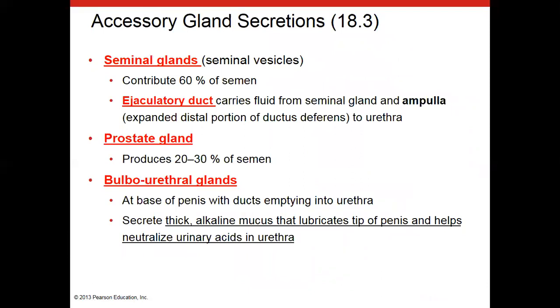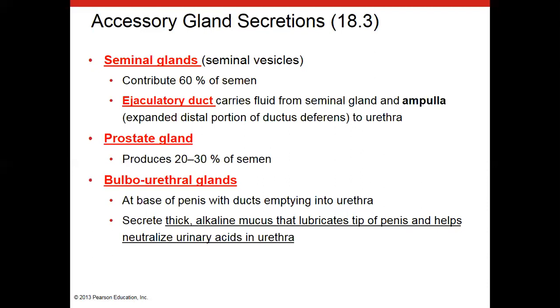As the seminal glands meet up with the vas deferens, the ductus deferens, as sperm is making its way through that tubule, it provides semen. That fluid is sent into the ejaculatory duct and is mixed in with sperm. The prostate gland produces 20 to 30% of semen, total volume, and provides a fluid that has an antibiotic property, which is really important to keeping the sperm safe and healthy along its route.